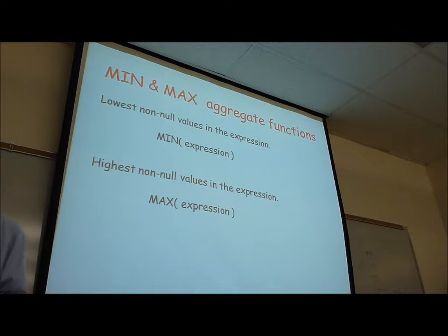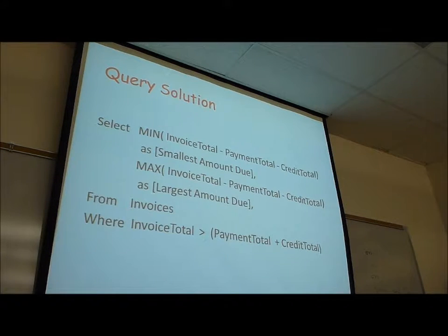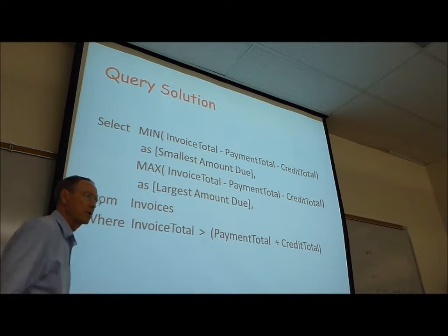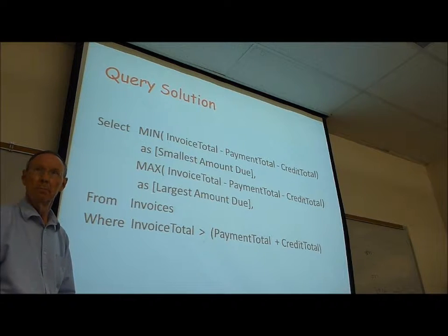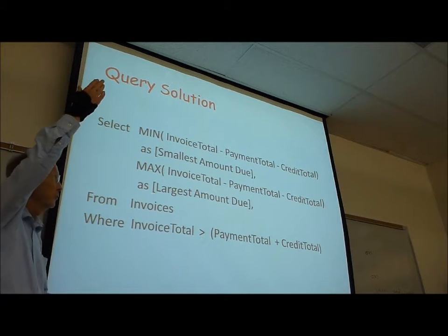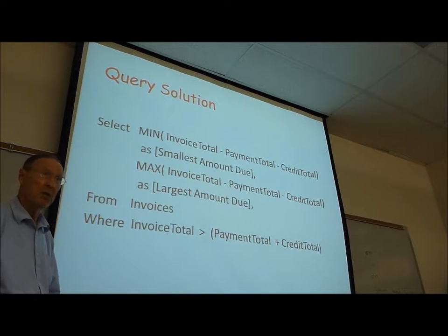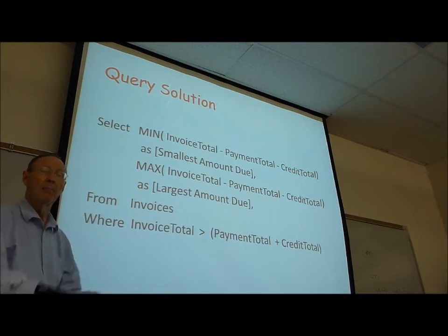Just like that. And again, this is done first, so I got 40 records. Now I'm going to go down through that unpaid invoice amount and say, which one's the biggie, which one's the little one, and then I'll display it back.